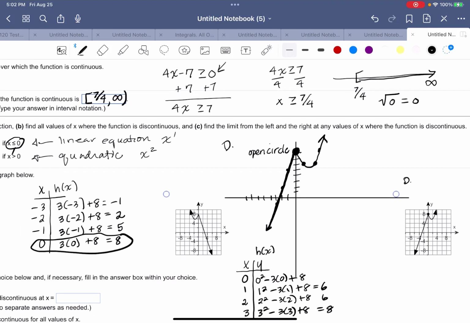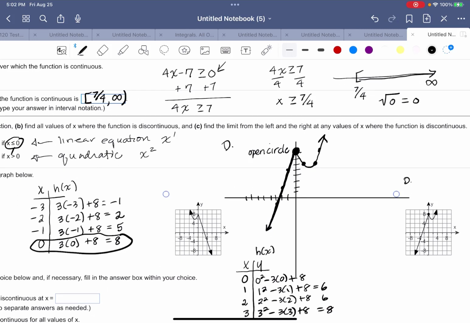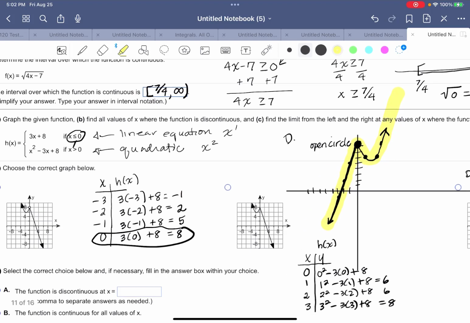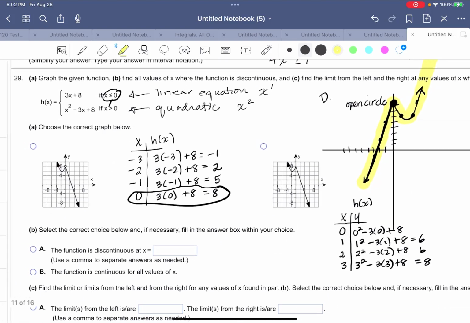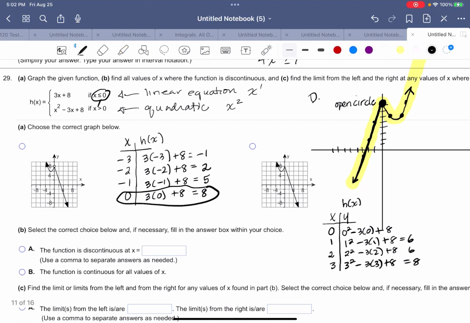So in part B, we should select where the function is discontinuous. But remember, when we did the second part, we ended up back at the exact same place as where the first part of the function left off, and we don't have any discontinuities because I could draw this graph without picking up my pencil. So there are no discontinuous values, so the function is continuous everywhere.